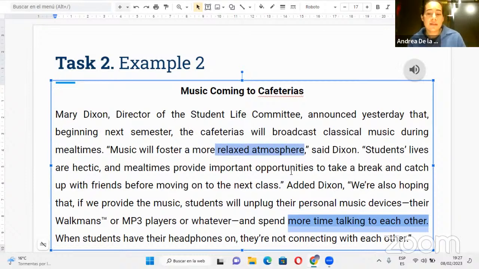The student says that students don't like classical music, so they're more likely to play their own music with their headphones on. And as a result, they are not really going to connect with each other. They're actually going to spend less time talking to each other, right? Do you remember that part, guys? So that is really important to say. The most important part is always going to be the part that responds to these arguments, right?